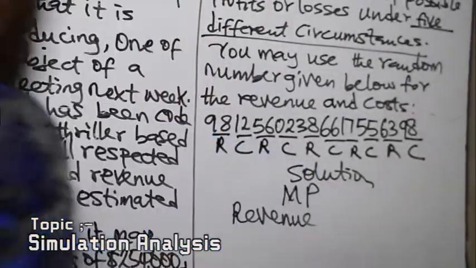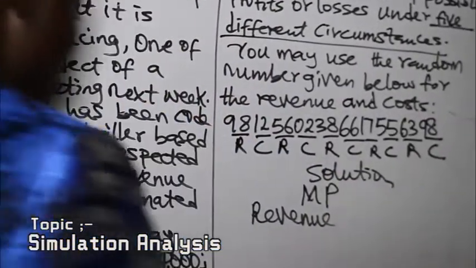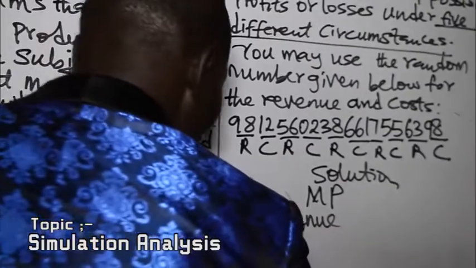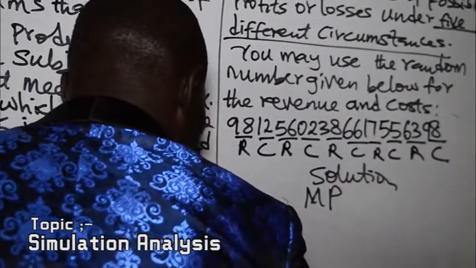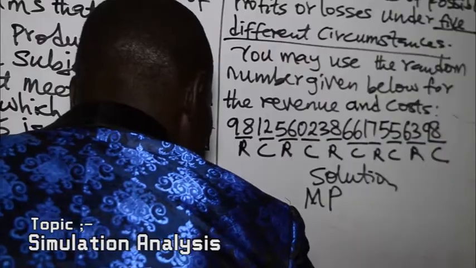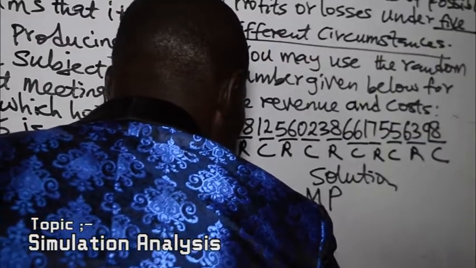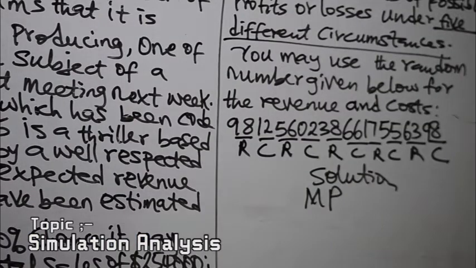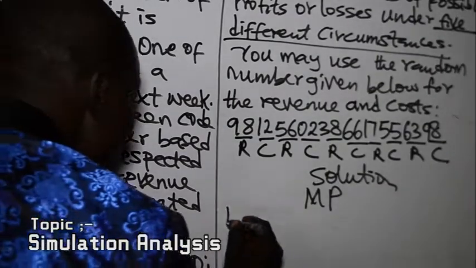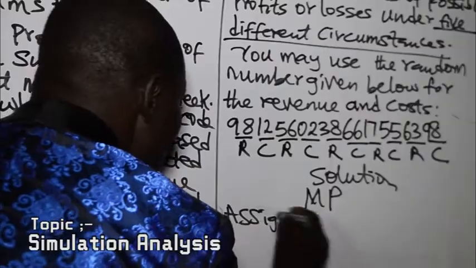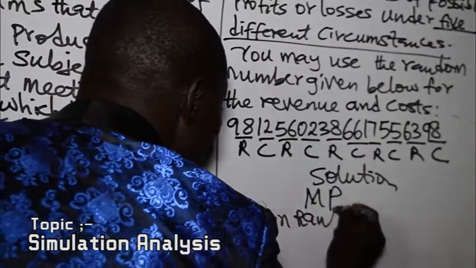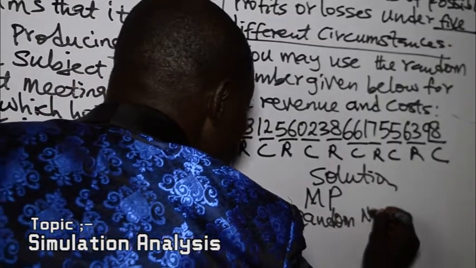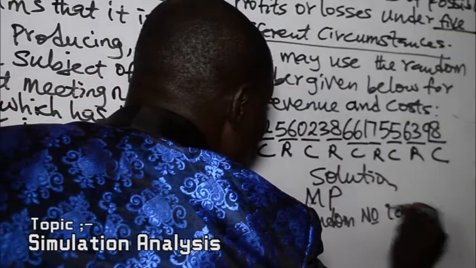I've told you that simulation is a system of random numbers, so we assign random numbers to our revenue.